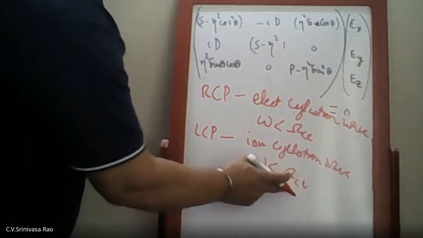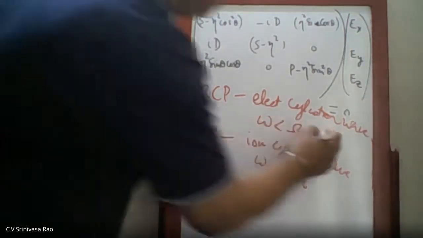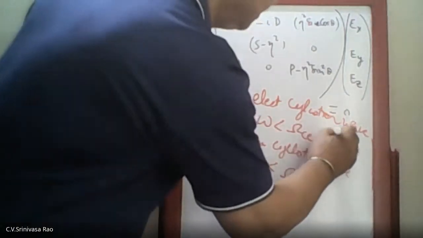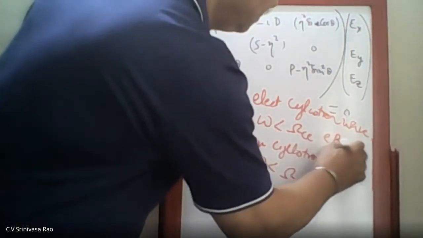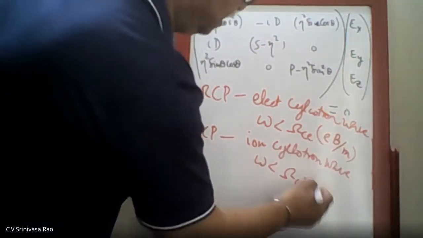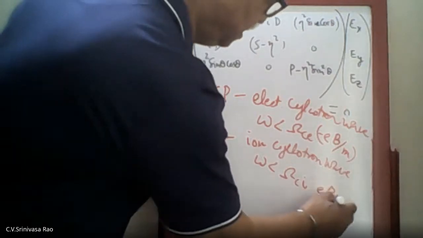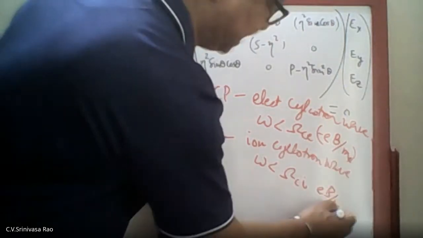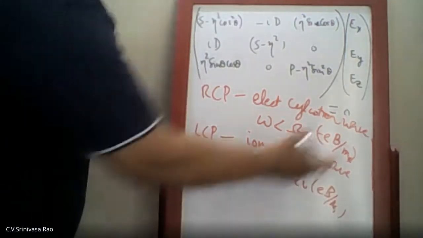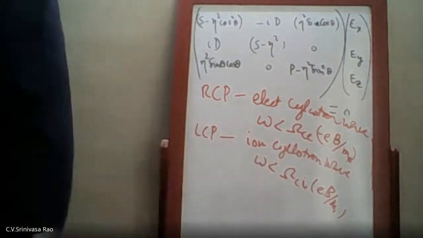So ion cyclotron frequency, electron cyclotron frequency. It's nothing but EB by m. You have to put the charge. If this was minus, you will have EB by, this was electron mass, this is ion mass. Because of this mass being very large, the frequency will be very small.